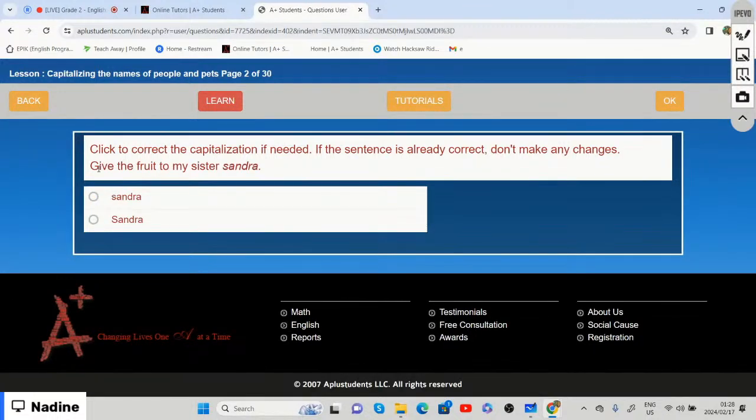All right. It says, give the fruit to my sister Sandra. So give the fruit to my sister Sandra. Is the answer option one, which is Sandra with a small s, or Sandra with a capital letter S? Option two.